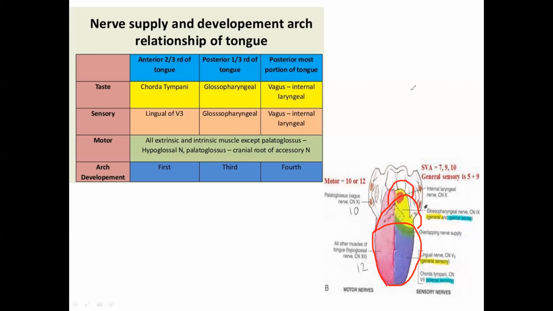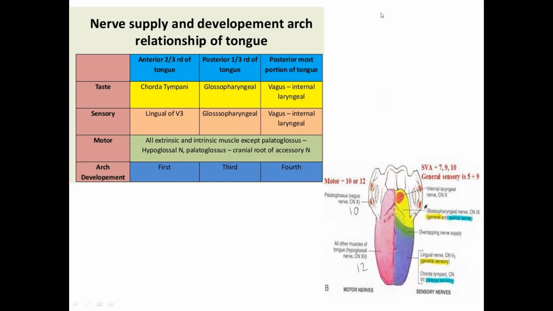The tongue has special sensory and motor supply. The sensory supply to the anterior region is different than to the posterior, and the taste supply to the anterior is different from the taste supply to the posterior surface.